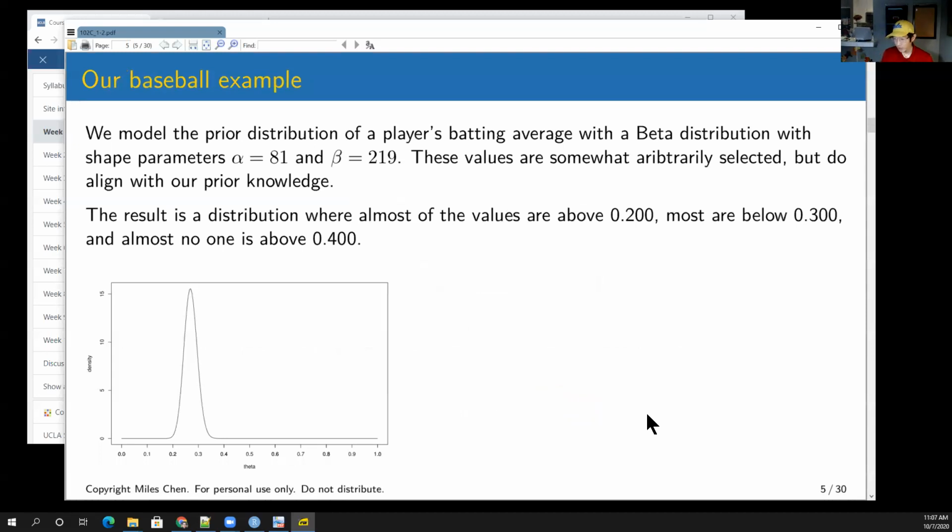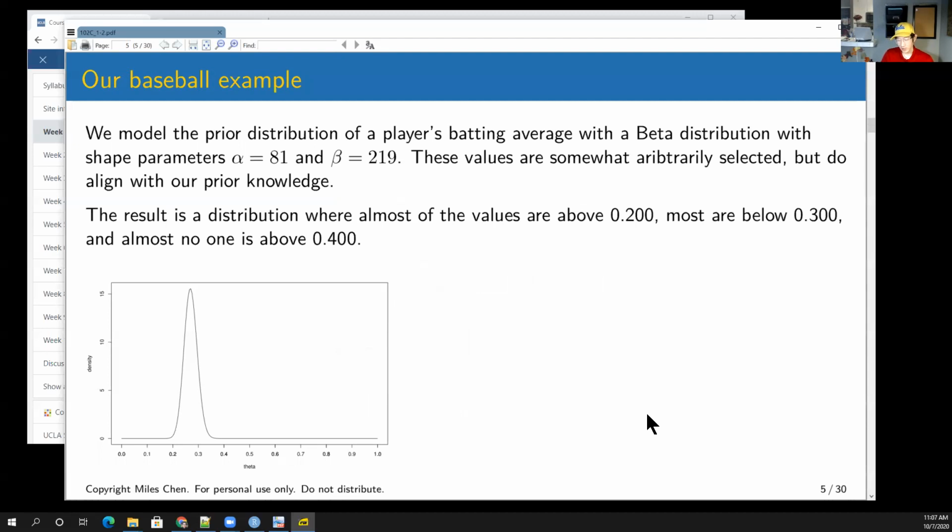We're going to continue looking at our baseball example. In baseball, if you're looking at a player's batting average, pretty much everyone should have a batting average over 0.2, otherwise they're going to get cut from the team.